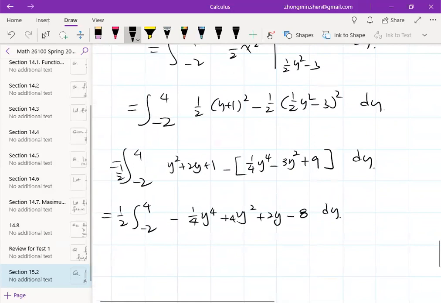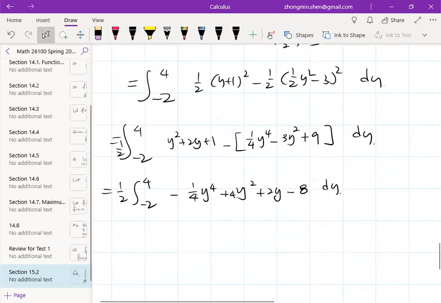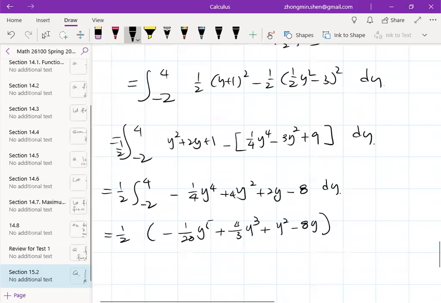Then step by step, you find the antiderivative of this. That will be negative 1/20 y to the 5th plus 4/3 y cubed plus y squared minus 8y, and evaluate at those two points.